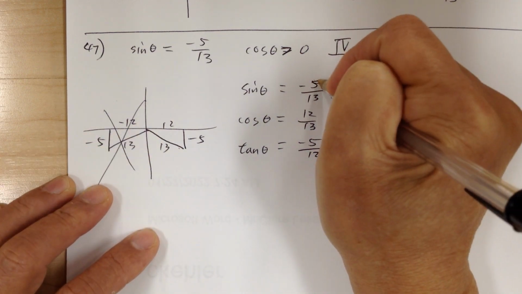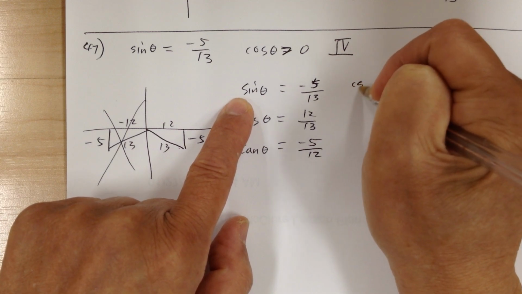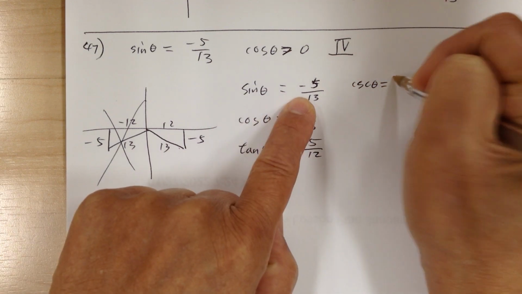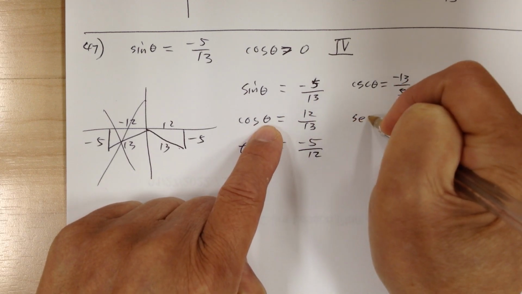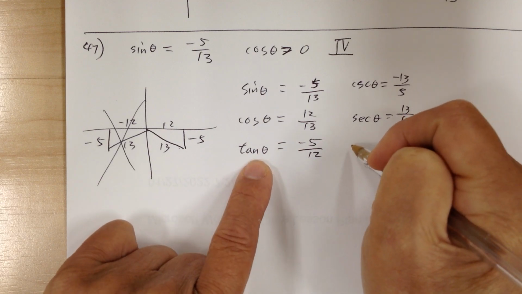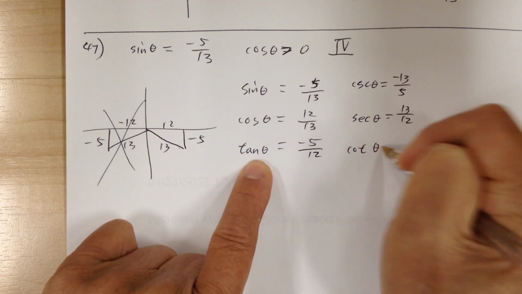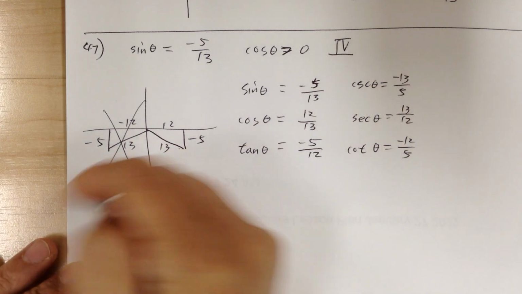Once you get the primary, you can get the secondary. Cosecant, the reciprocal, would be negative 13 over 5. Secant, the reciprocal of cosine, would be 13 over 12. And the reciprocal of tangent is cotangent, equal to negative 12 over 5.